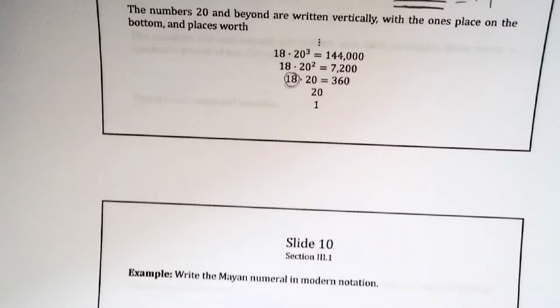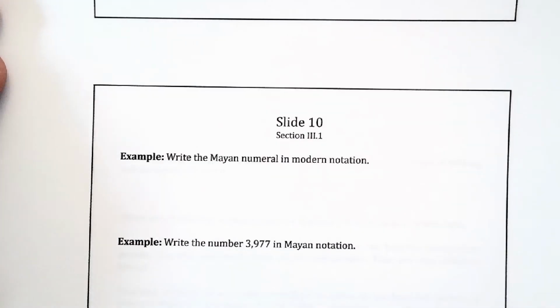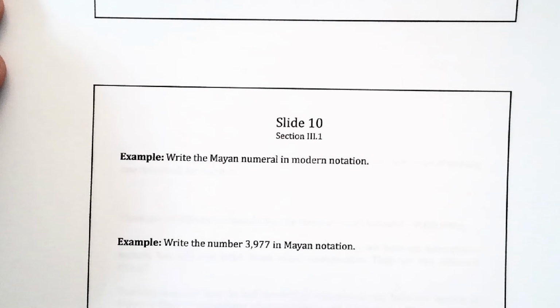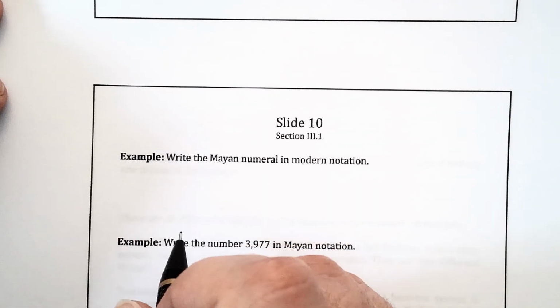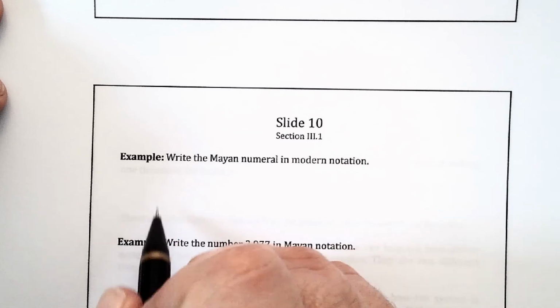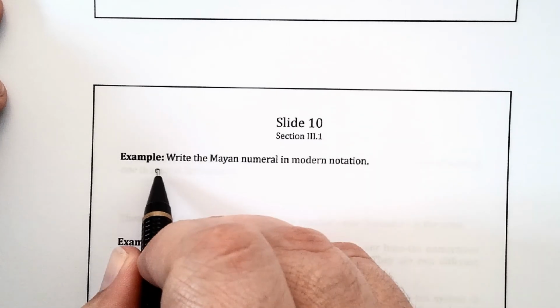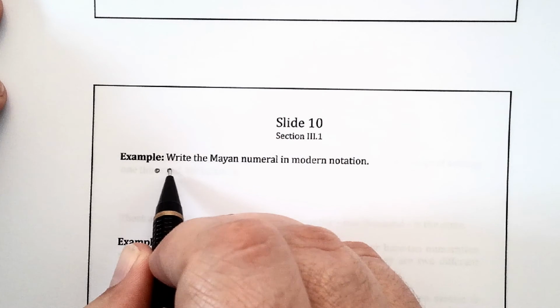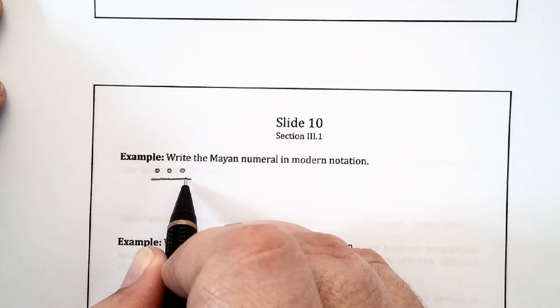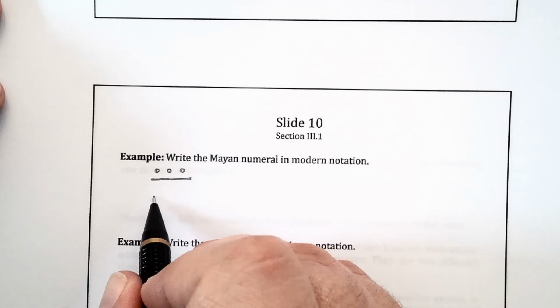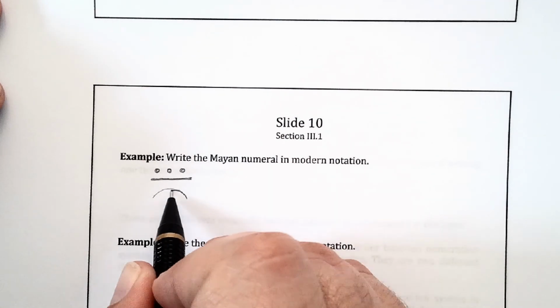Okay, so let's take a Mayan numeral and try to represent that in modern notation. We'll start with something, let's say 3 places. So let's say 3 dots in a bar. And then this guy.